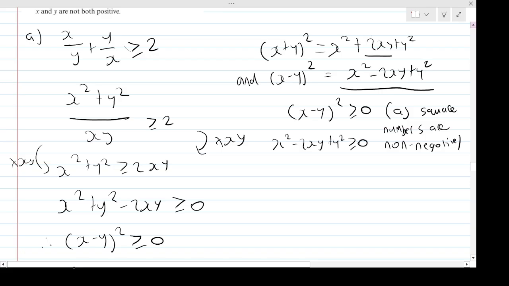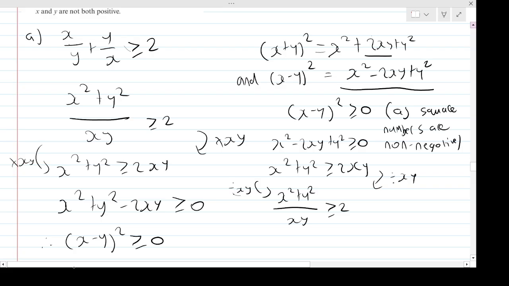Then we can add the 2xy to both sides. Then we're going to divide by xy. And again, likewise with dividing, it's positive, so it will keep the direction of the inequality. So we get x squared plus y squared over xy is greater than or equal to 2.